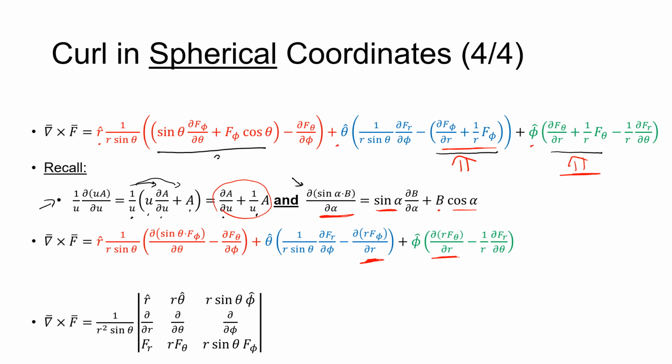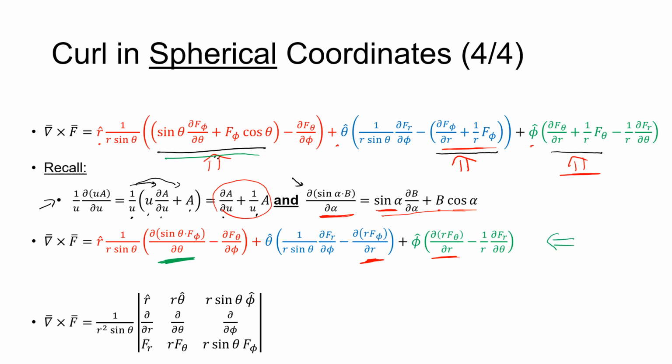And if you compare what is here with this function here, then you can rearrange what you can see here like this. Now we have proved the curl in spherical coordinates, but this is hard to remember.